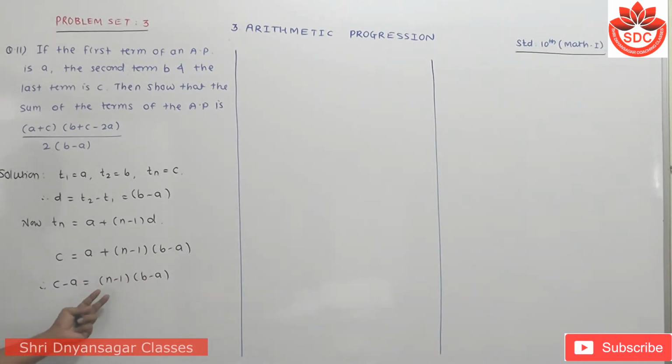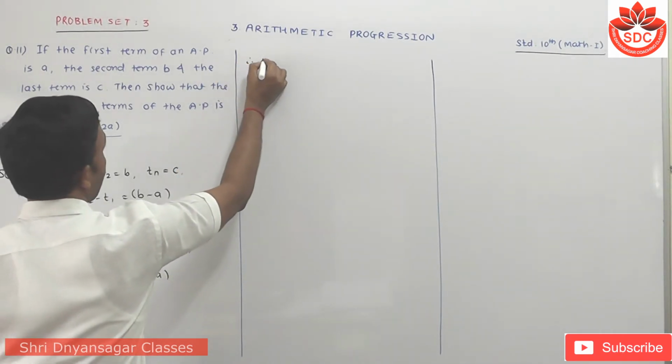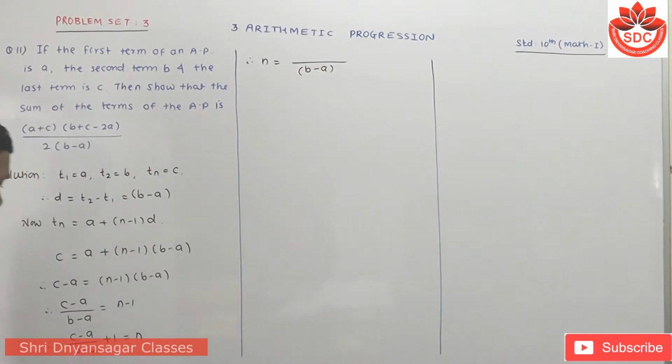When we transpose this b − a to the denominator, therefore (c − a)/(b − a) = n − 1. Then this minus 1 transposes here and converts to plus, so I have to write (c − a)/(b − a) + 1 equals n. Then I have to take its LCM, which is b − a.